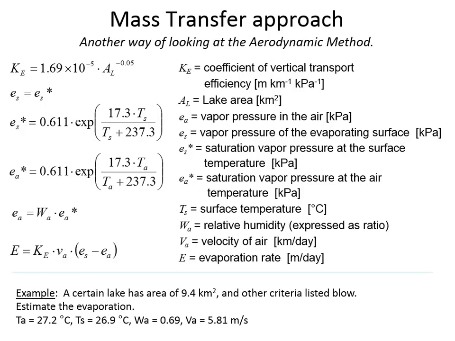So just think about, if we do a little drawing, here's a small lake, and the wind is going across it, and we're trying to characterize how much evaporation there is off of this lake. What this empirical relationship says is that if you have a small lake, you'll have more efficient transfer of moisture vertically than if you've got a large lake.